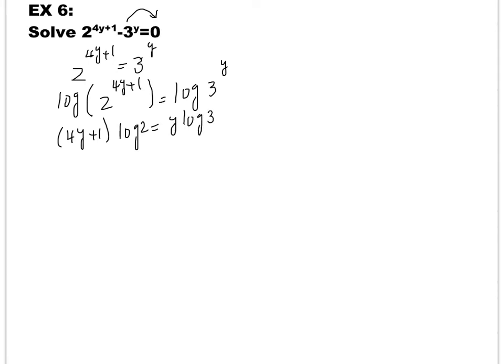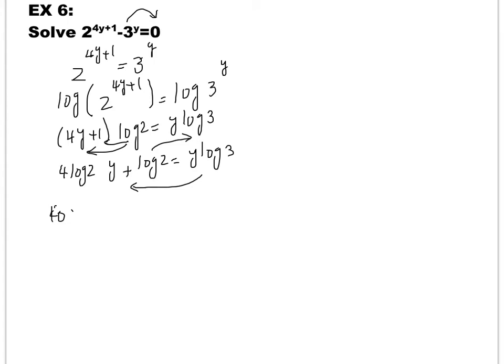Now I'm going to distribute log 2 inside. I get 4 log 2 times y plus log 2 is equal to y log 3. I bring y log 3 to the left and log 2 to the right. I get 4 log 2. Remember, this is the coefficient times y minus y log 3 is equal to negative log 2.